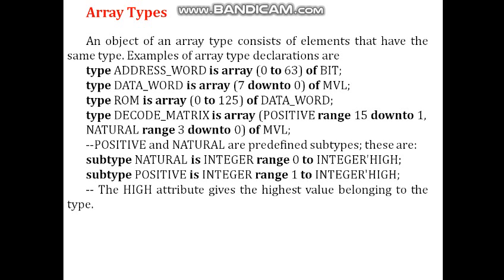The positive and natural are predefined subtypes. Subtype natural is integer range 0 to integer'high. Subtype positive is integer range 1 to integer'high.